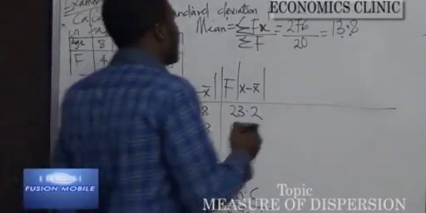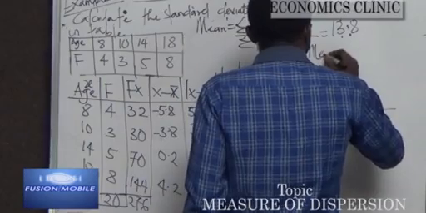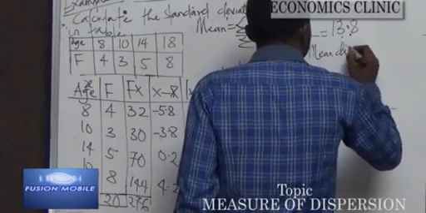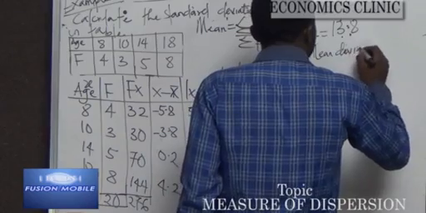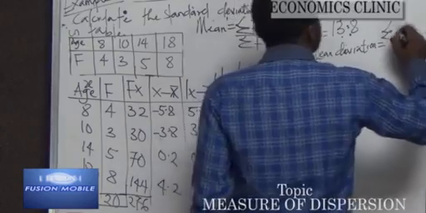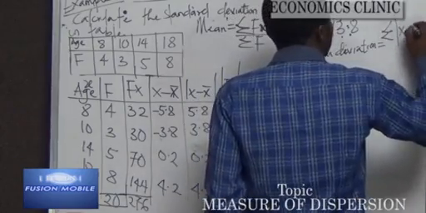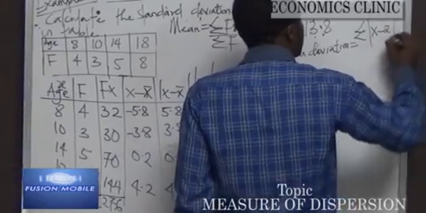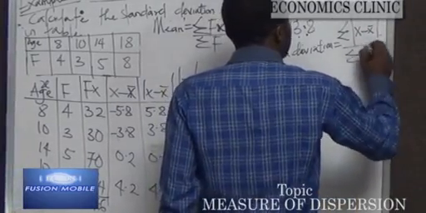Don't forget that the mean deviation is summation modulus x minus x bar divided by summation f.